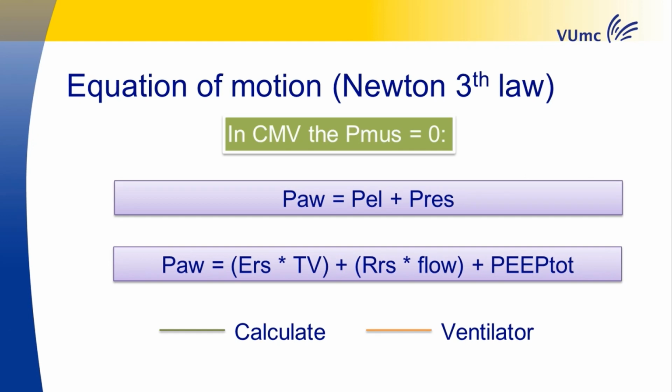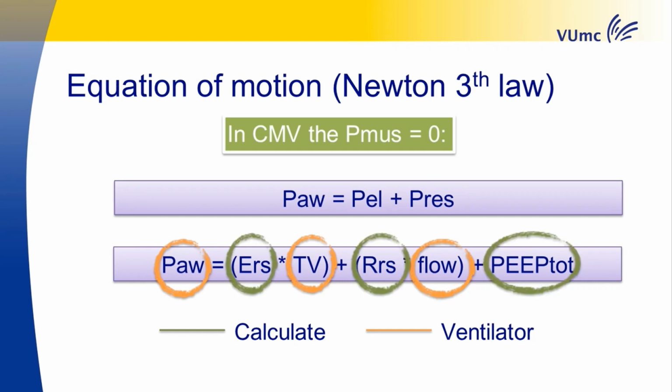So the only pressures that are important are the airway pressure applied to the respiratory system and these opposing pressures, as I already told you. These pressures we just get for free from the ventilator: airway pressure, tidal volume, flow. The other ones we have to calculate. And it's a little bit of a summary of what we did in the earlier talks.